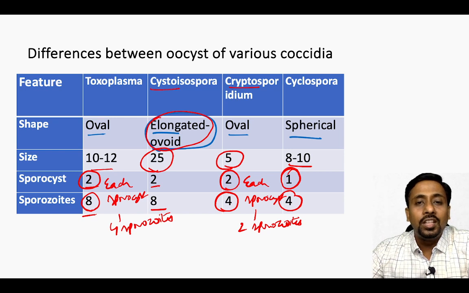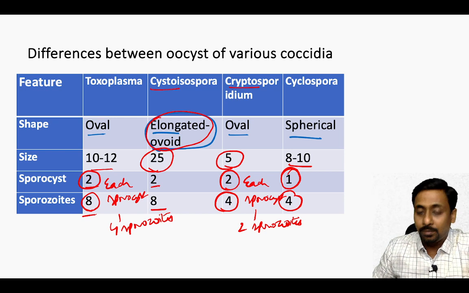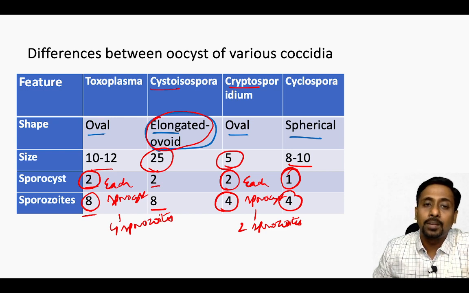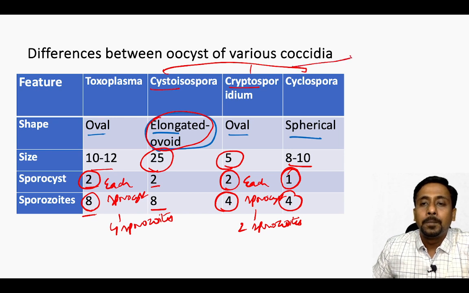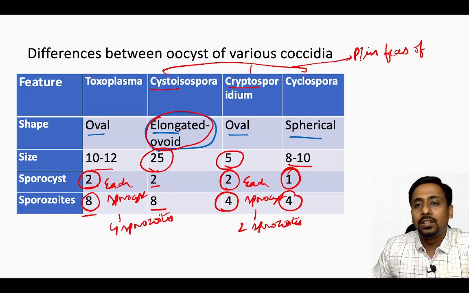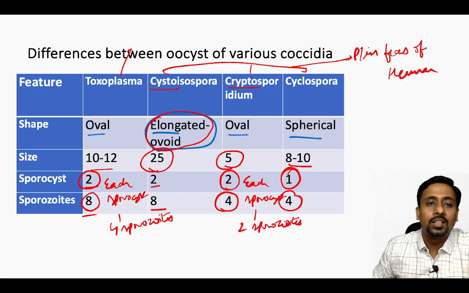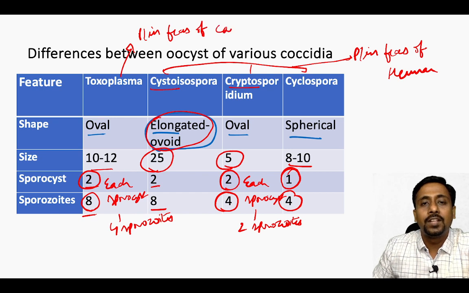Also, the oocysts of Cystoisospora, Cryptosporidium and Cyclospora are present in the stool or feces of humans. These three are present in feces of humans. However, the Toxoplasma oocyst is present in feces of cat, which is the definitive host in this case.